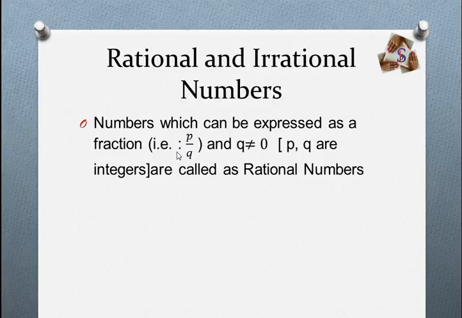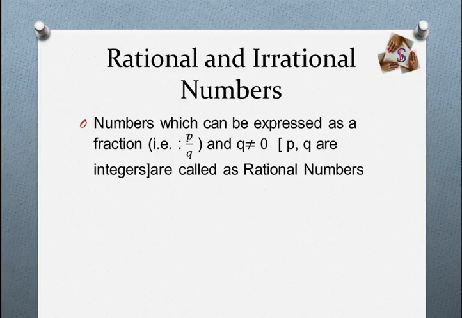For example, 3 by 0. This is not defined. Therefore, Q should never be equal to 0 and P and Q are integers. Then such type of numbers are called as rational numbers. And when we are unable to express it in that form, then those numbers are called as irrational numbers.